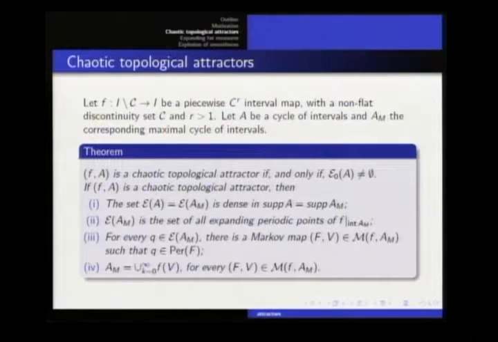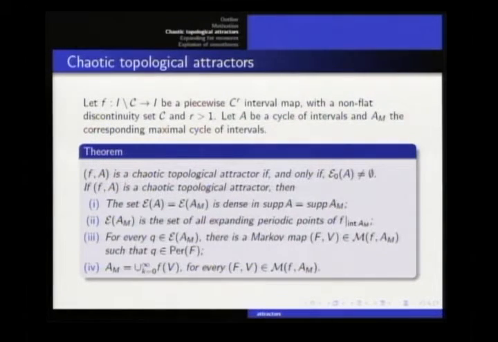They will form a dense set in the support of A, which is equal to the support of the maximal cycle of intervals. These two sets are the same. And now this set is the set of all expanding periodic points in the interior of our AM.